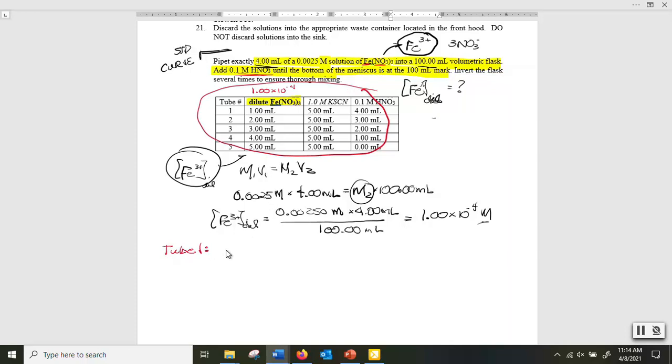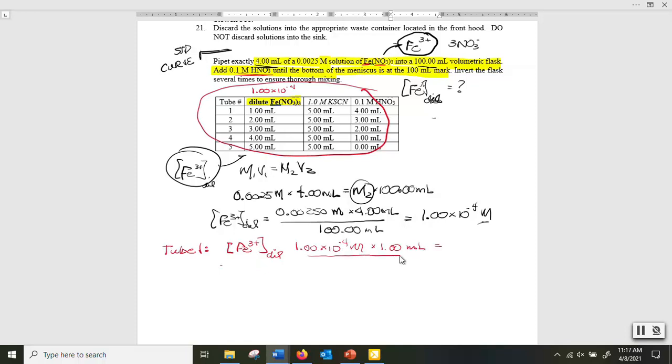We're trying to find the concentration of iron. So in tube number 1, we're starting with our dilute iron, and we know its concentration, which is 1.00 times 10 to the minus 4th, and we know its volume, 1.00 milliliters.